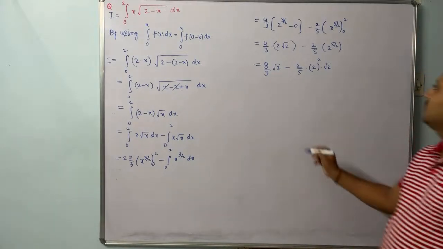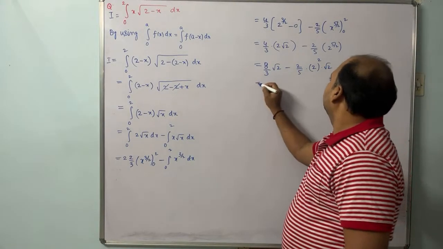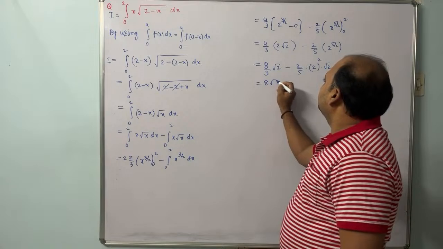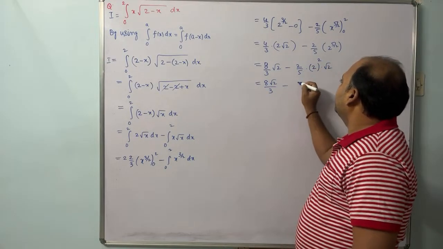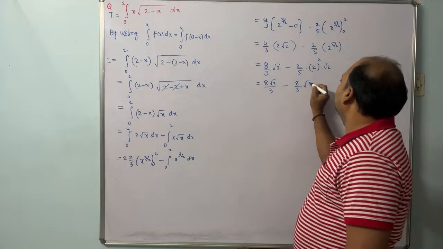Okay, students. So 4 into 2, 8 root 2 divided by 3, minus 2 by 5 into 4 root 2, 8 by 5 into root 2.